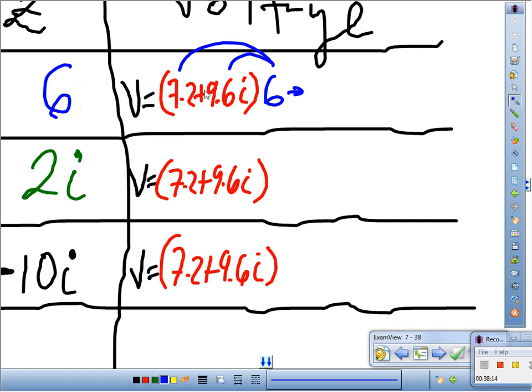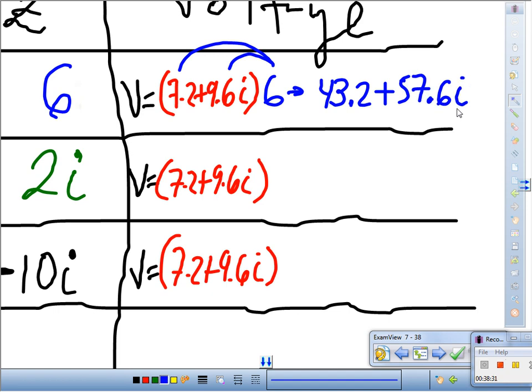Therefore, we end up with 6 times 7.2, that's 43.2, plus 9.6I times 6. 6 times 6 is 36, I got 3. 9 times 6, 54, plus 3, that's 57. And that's I, and this is the voltage running through the resistor.